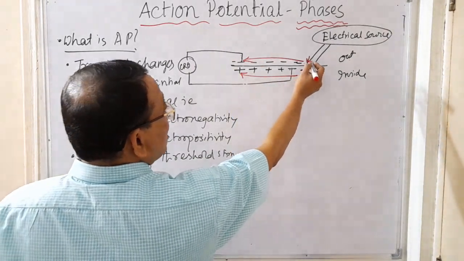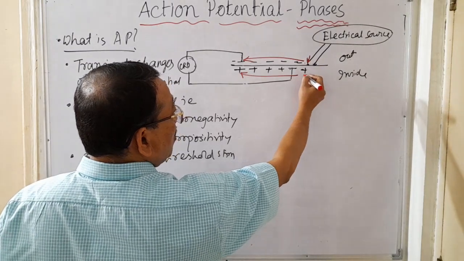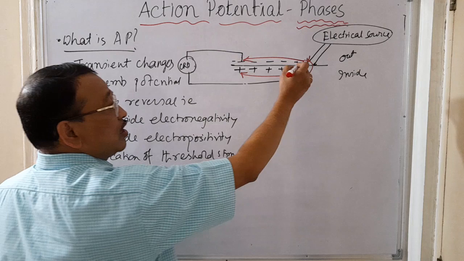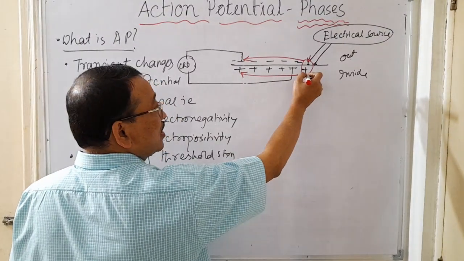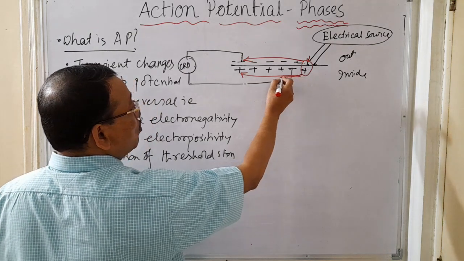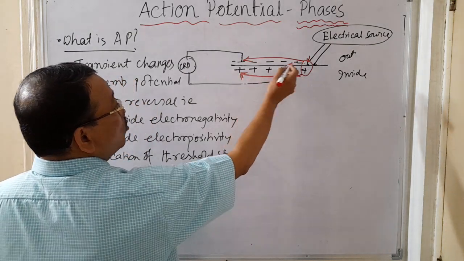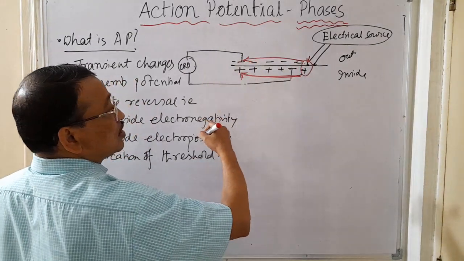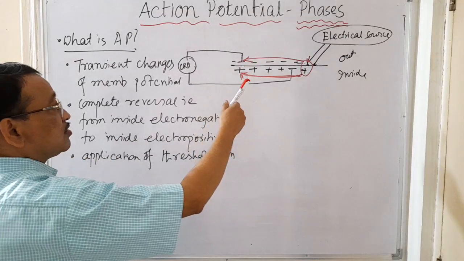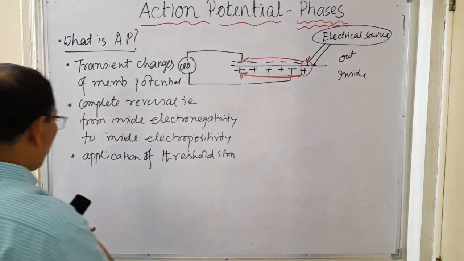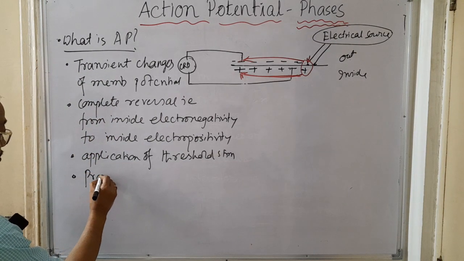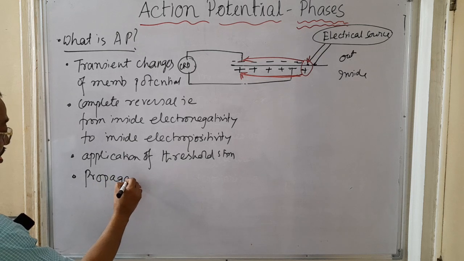So whatever membrane potential changes will be there will not remain confined here, will not be localized here; that change will pass from this part to this part, from the site of origin beyond the site of origin. So these changes will be propagatory in nature.